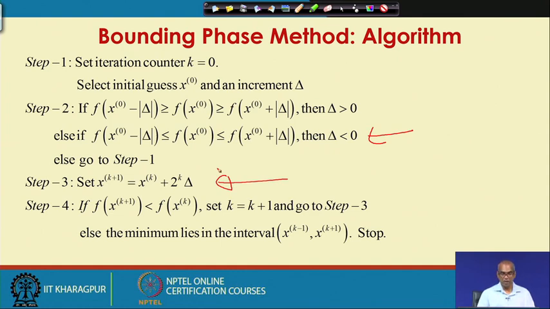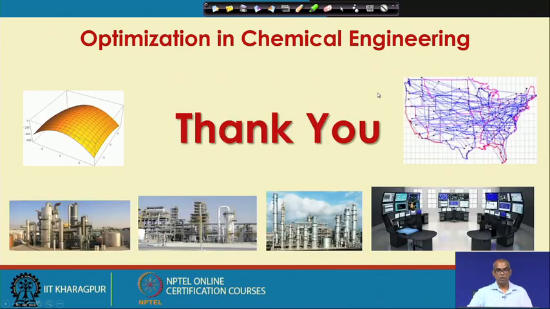We have been able to bracket the minimum between x k minus 1 and x k plus 1 when f of x k plus 1 is not less than f of x k. Then we stop the algorithm. So, with this we will stop lecture 22 here.